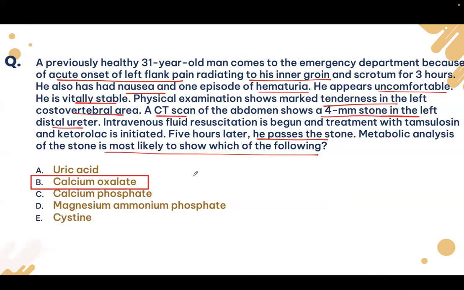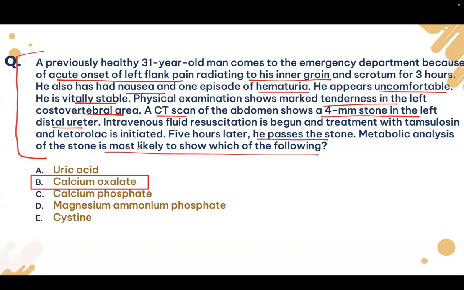Why is this the case? Basically, there is no clue that would tell you that this is calcium oxalate stones. You know that, for example, cases such as hyperparathyroidism and hypocitraturia, as we are going to explain later in the next slide, are all causes of calcium oxalate stones. But in the question stem here, we don't have any of these obvious causes.